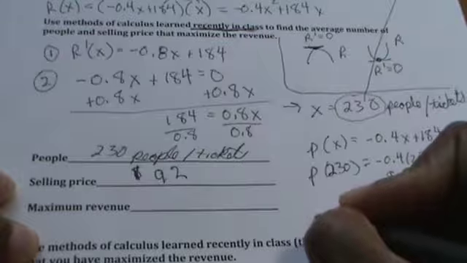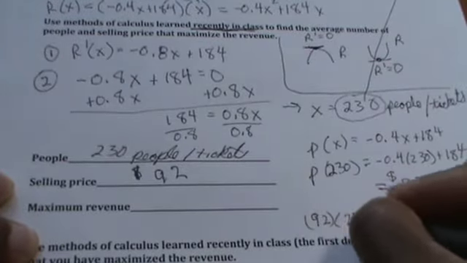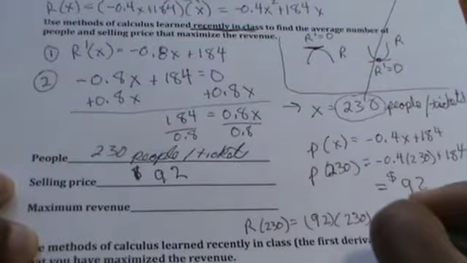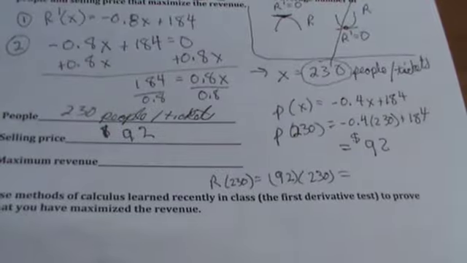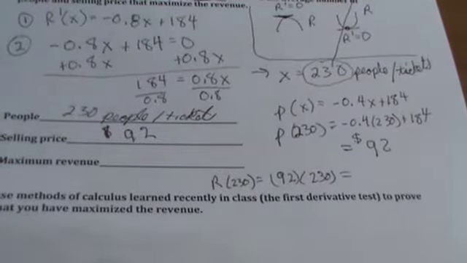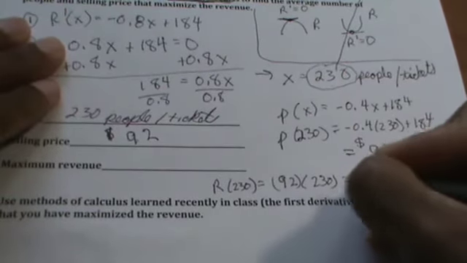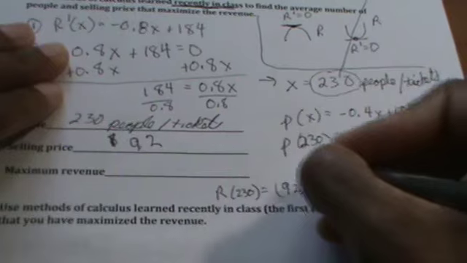Please show that to me though. $92, you multiply that by 230. This is your revenue at 230 people. So this is the fastest way of getting there. So 92 times 230 is 21,160, and this is in dollars. So this entire thing would go here.